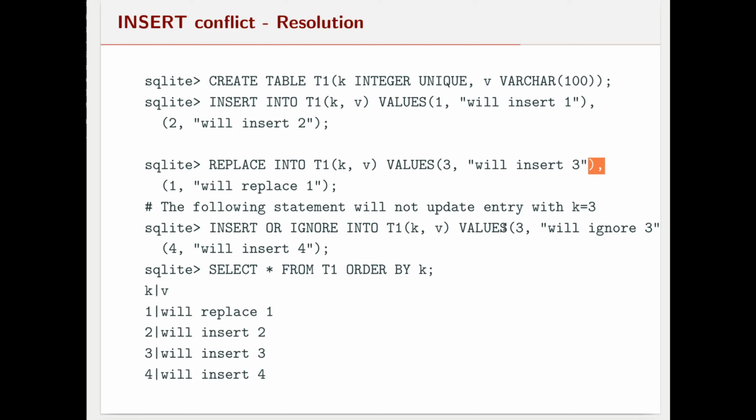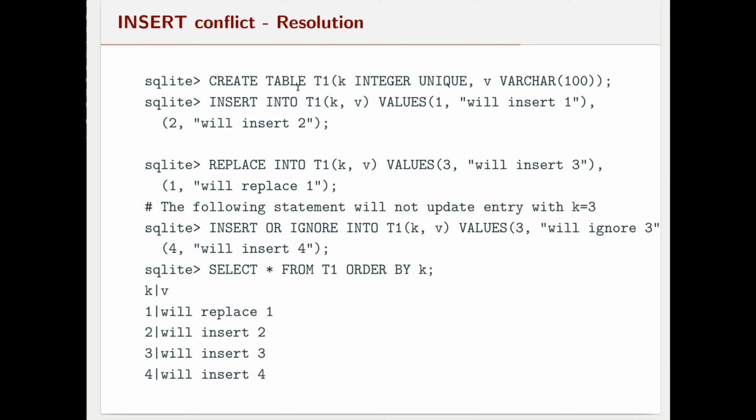Again, we have two rows getting inserted, one with K equals 3 and another with K equals 4. Since we use ignore as a conflict resolution strategy, and 4 was never present in the table, 4 will get inserted. Whereas 3 has already been added as part of this statement and is already in the table, so this row will never get updated, or basically this insert will be ignored.